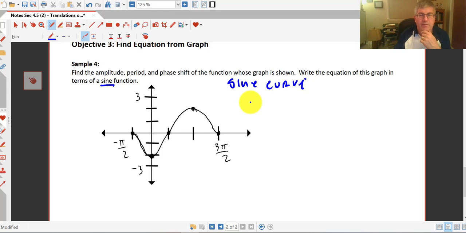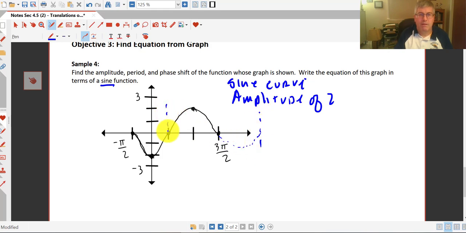And I see, right off the bat, an amplitude of 2. So instead of 1 high, we're going 2 high. And what I see is a shift to the right of pi over 2. What we don't see here, what's not shown, is that this curve is going to continue like this.